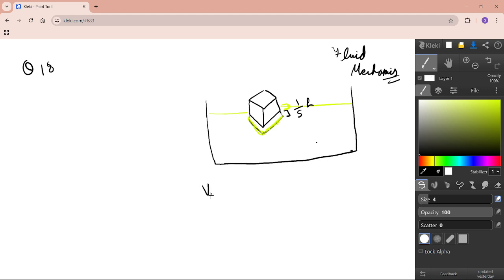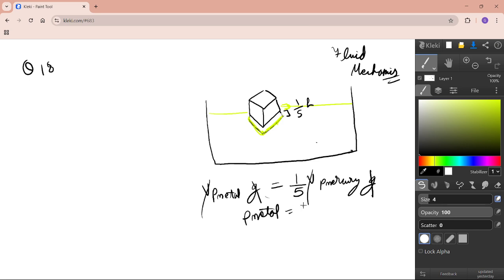So V times rho of metal times g is equal to the weight of the displaced volume, actually it's not water, sorry, it's mercury, times g.